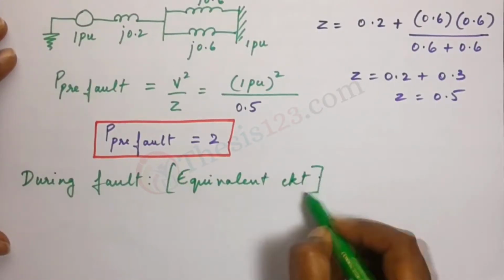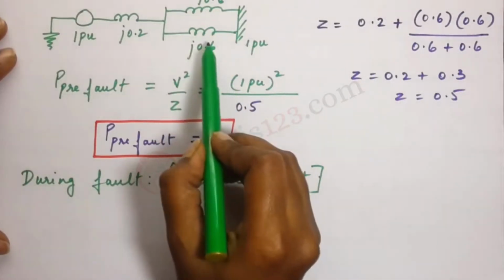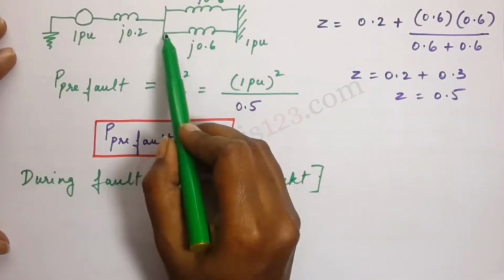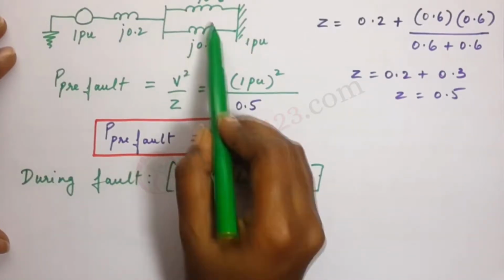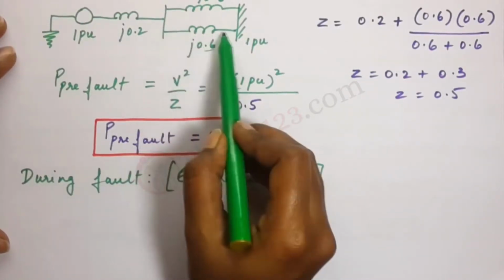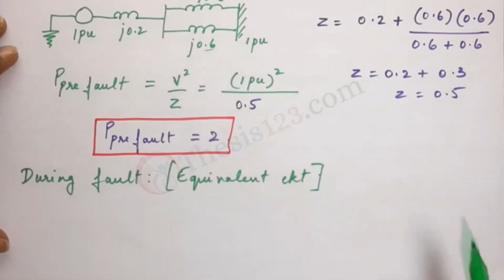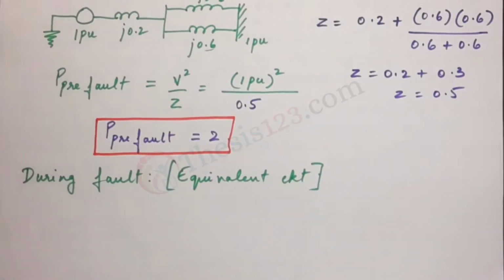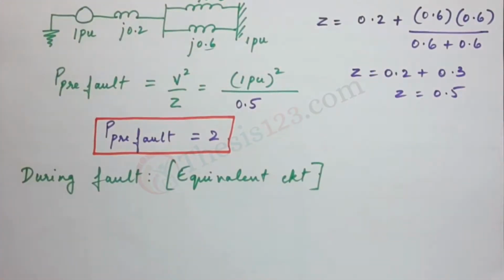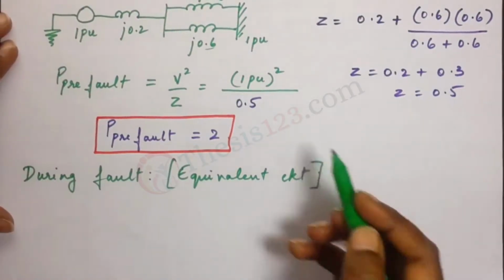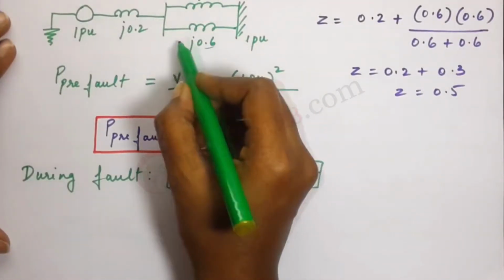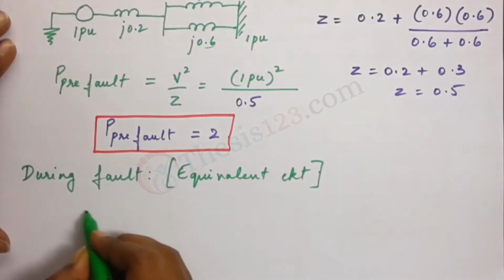The question says that the fault occurs somewhere in the middle of the second line. So when it occurs in the middle of the second line, the impedance is split into two. You can take any two values, but make sure that the values correspond to the fault occurring somewhere in the middle. Because the word middle is used, I'm going to split this 0.6 into 0.3 and 0.3.